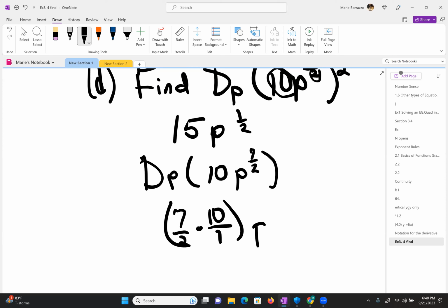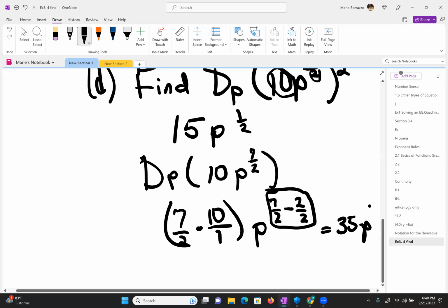And then this is p raised to the 7/2 minus 1, which is minus 2/2. What do you get? 35. Yes, 35 p to the 5/2. Correct.